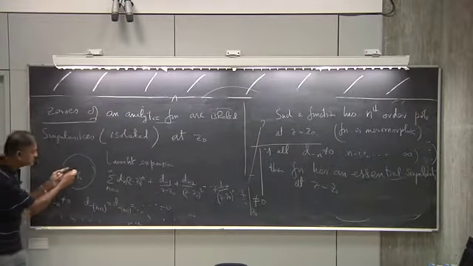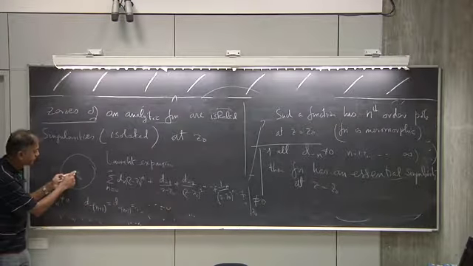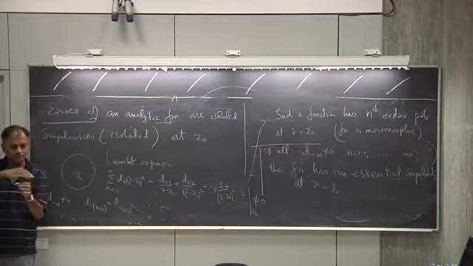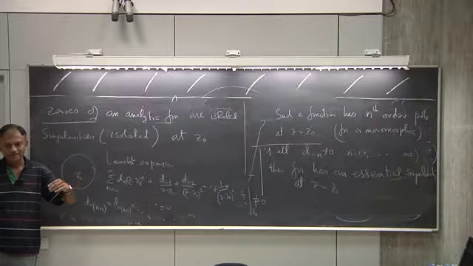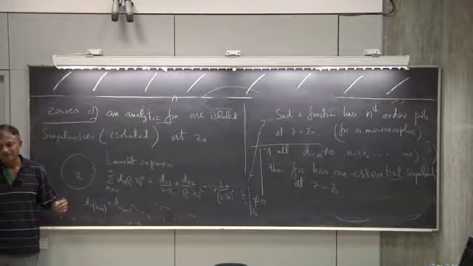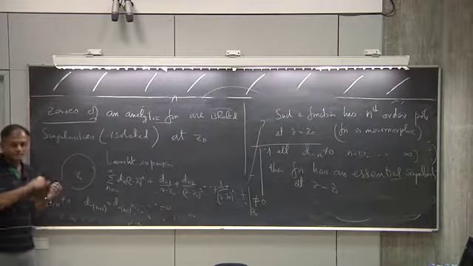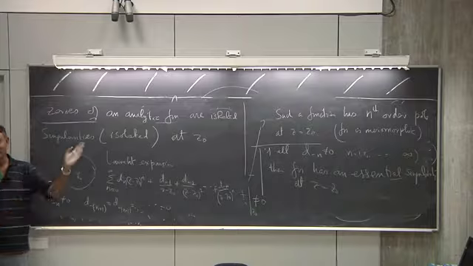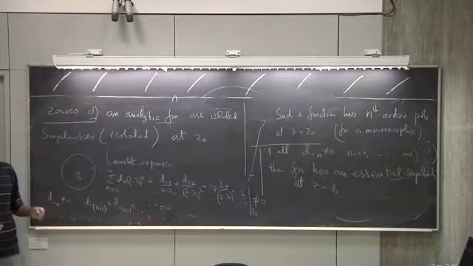Take any small neighborhood, and you see what the values of the function are at different points in this neighborhood. You find the values of the function sweep the entire complex plane. It can be any value, or arbitrarily close to any value. So it's highly fluctuating, with very wild fluctuations in the neighborhood. It's a very bad singularity in these cases.